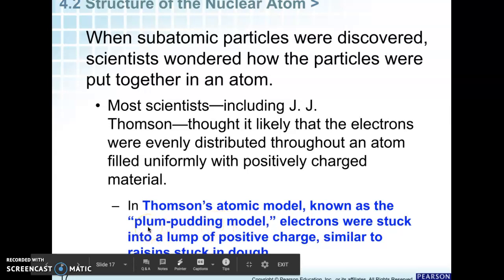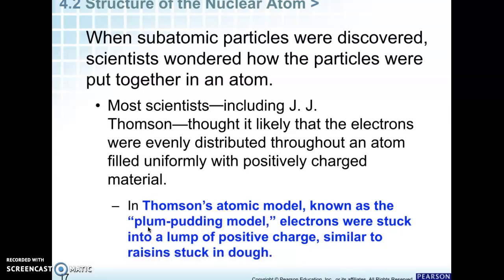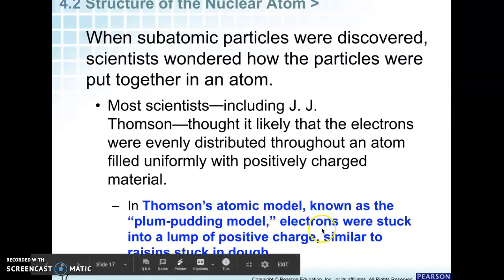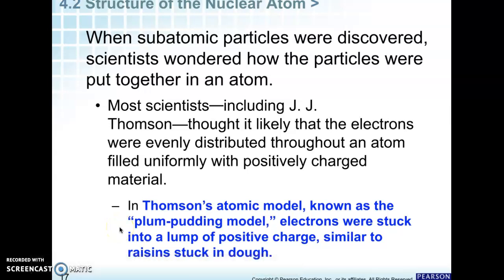He said that electrons would be like the blueberries in a blueberry muffin, and they would be surrounded by the positively charged stuff that's in the atom. So that was his idea of what the atom was like, just negatively charged particles surrounded by positively charged mass.